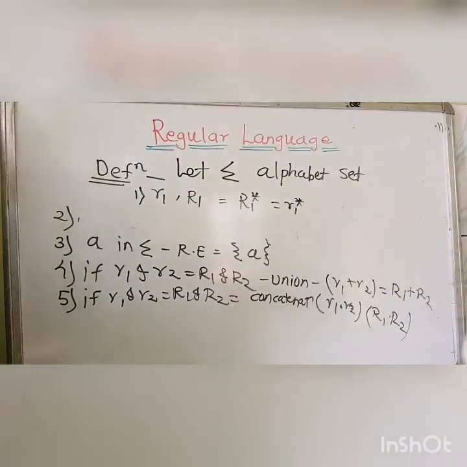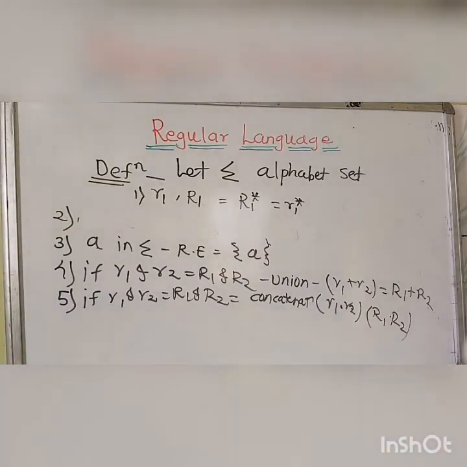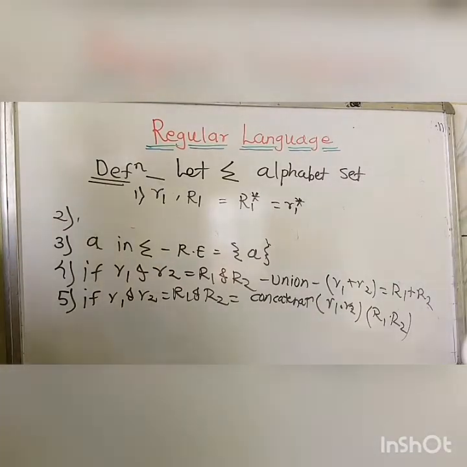Star is nothing but the Kleene closure, and the language represented by this Kleene closure is also a regular language.